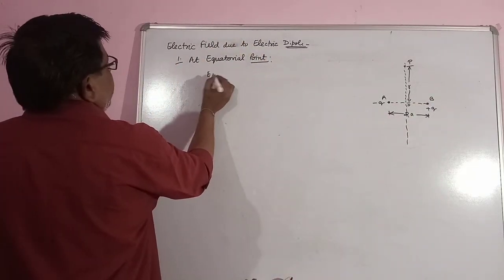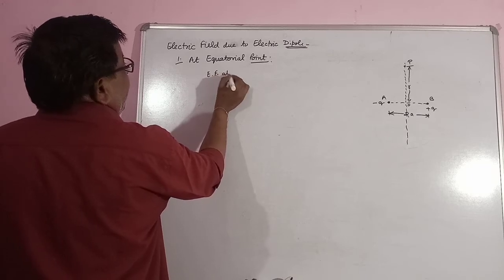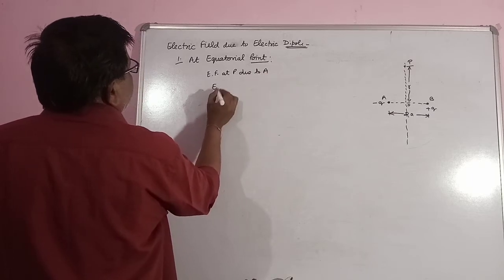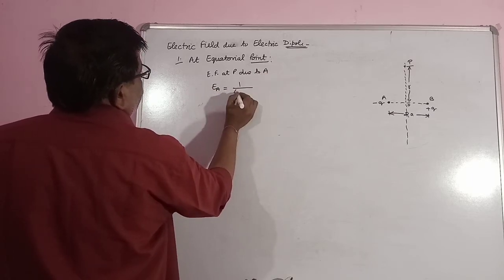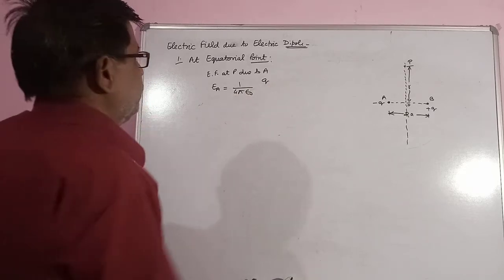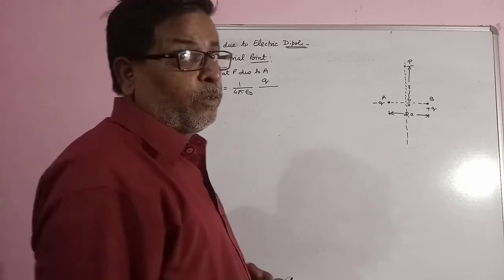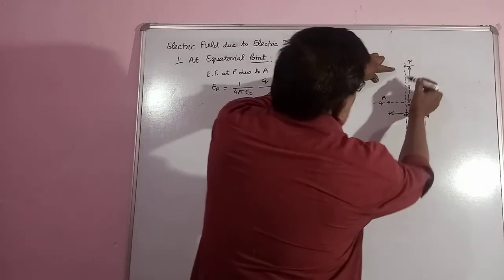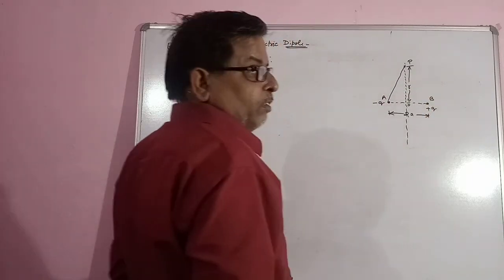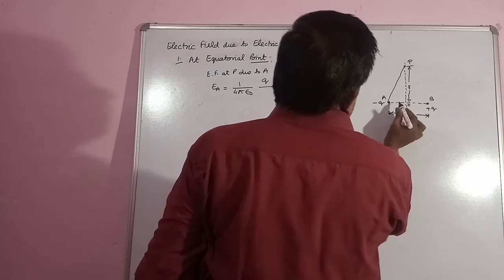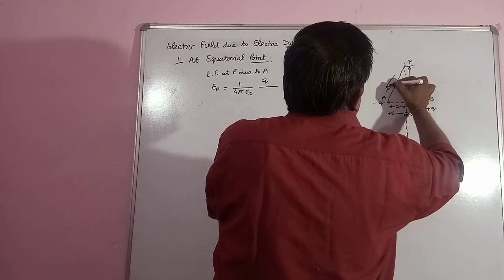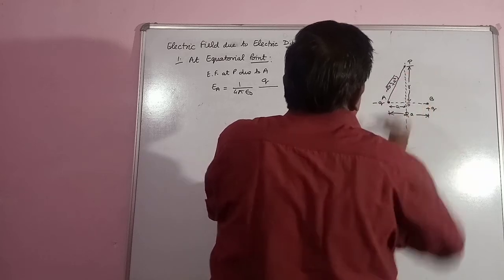So, again, electric field at P due to A, EA, equals 1 over 4 pi epsilon naught, charge is Q. And what about distance? We have to calculate this distance. This distance is R, this is A, so the distance will be under root R square plus A square.